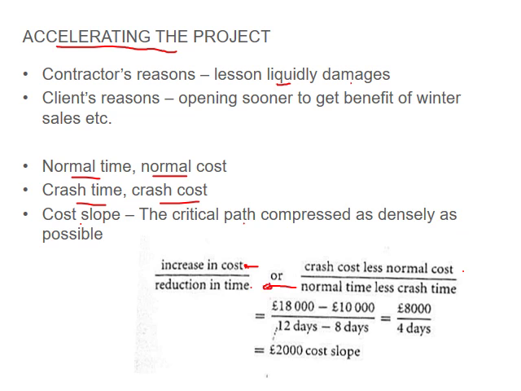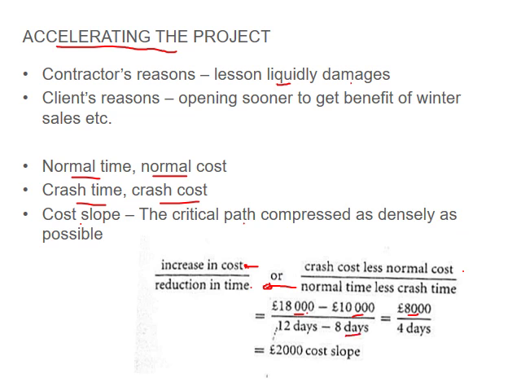So basically if the project had a normal cost of £10,000 and if you accelerate it, you have £18,000, which is the crash cost. So your cost slope is then 8,000 divided by the difference in time that you made up.